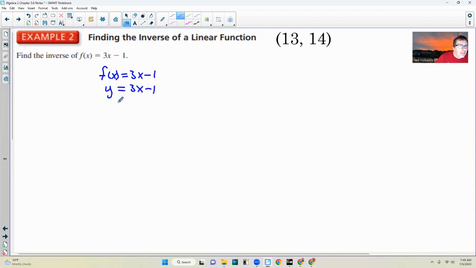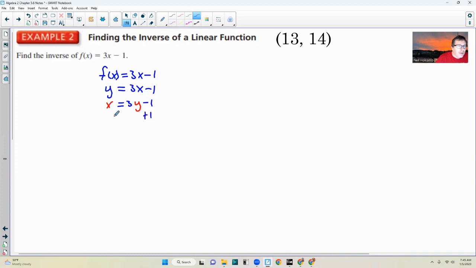Step 3, put x over on the other side where y is, and put y over where x was. Okay, so you switch x and y. That's all I did there. The 3 stayed where it was, the -1 stayed where it was, x and y just traded places.